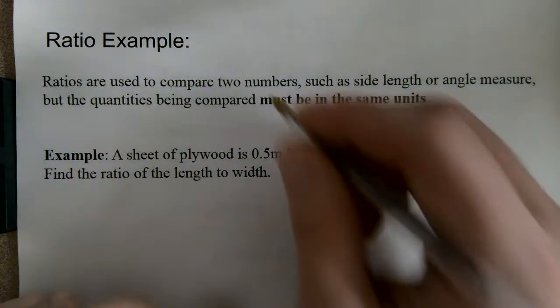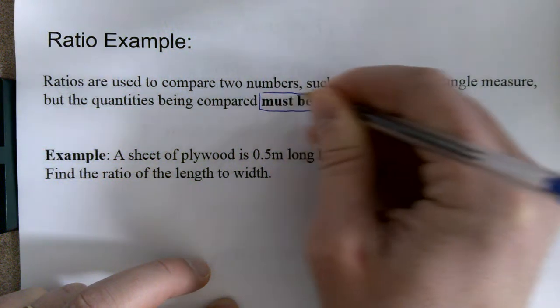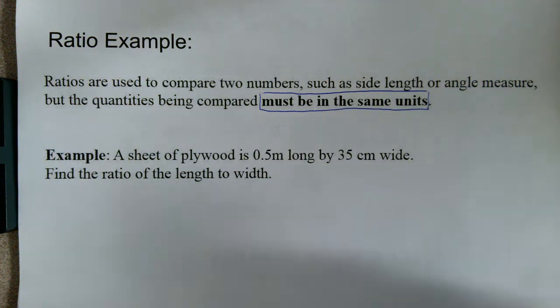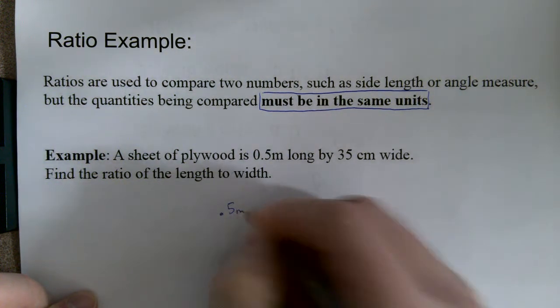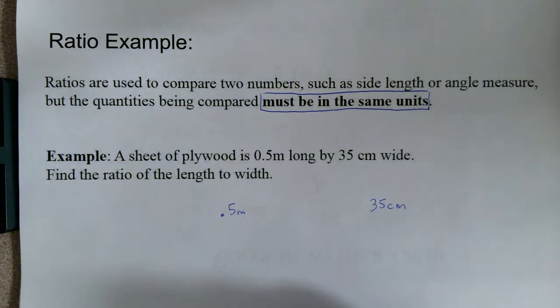Now, one of the things, and this is in bold, is we want to make sure in most cases that our unit of measurement, if we're comparing the same thing, in this case two distances, is in the same unit. So here we've got 0.5 meters and 35 centimeters. We kind of have two choices here. We can change the 0.5 meters to centimeters, or we can change the 35 centimeters to meters.